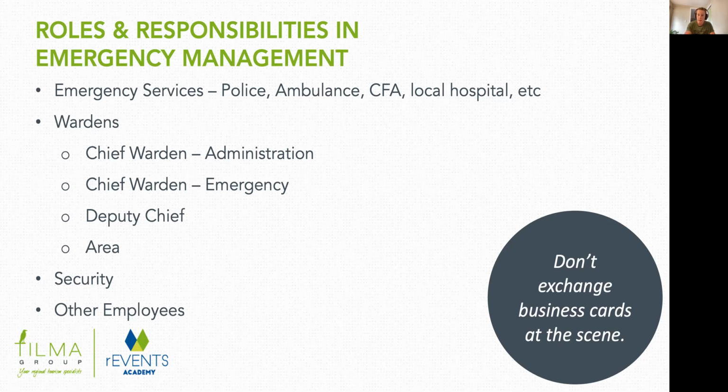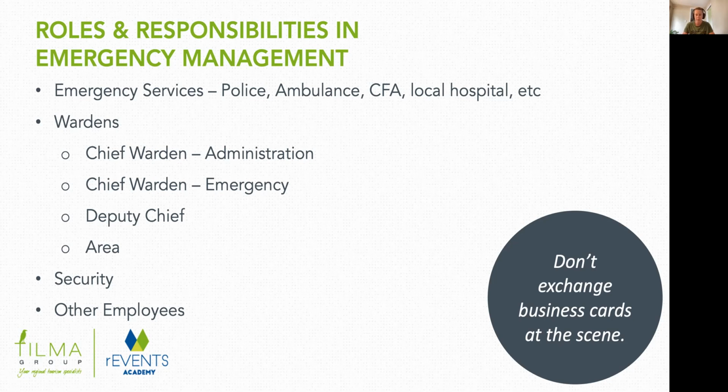And then you have security. Security are often on site at events, in different quantities, and we'll talk a little bit about that in a moment. Typically, what security will do in the case of an emergency is assist the area wardens. So once again, they're ensuring the safety of patrons, volunteers, employees, contractors, and they'll assist with evacuation when and if required.